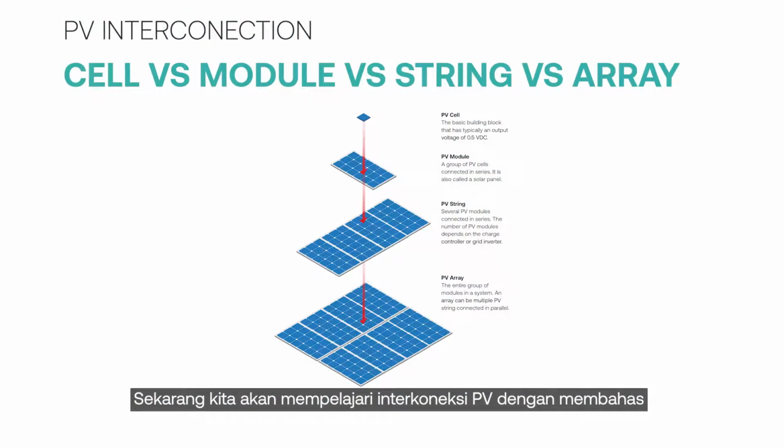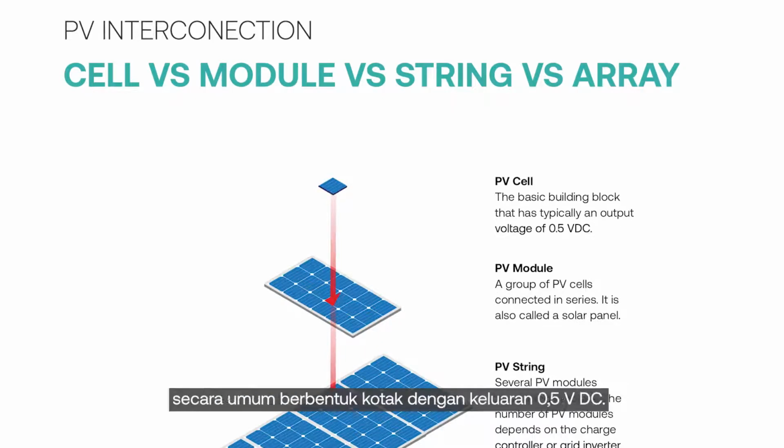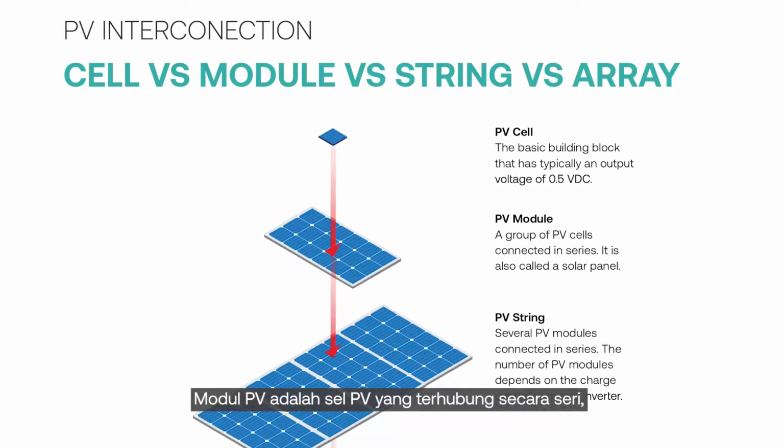Now, we are going to learn about PV interconnection, starting from the more detailed difference of PV cell, PV module, PV string, and PV array. It is as follows. A PV cell is the smallest part of a PV module that is generally box-shaped with 0.5 volts DC output. A PV module is PV cells connected in series so that it has a certain voltage with a certain current.